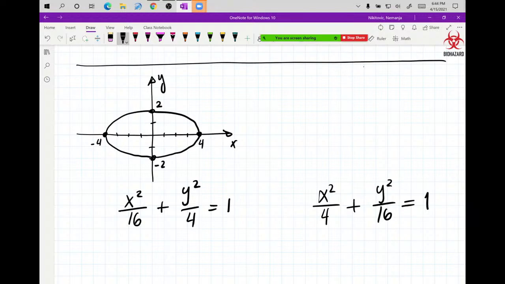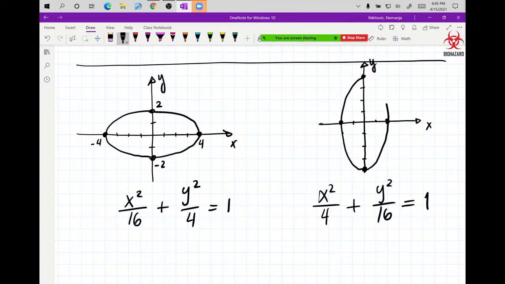The way I like to look at this is I draw the system and I say, aha, x is going 2 left and 2 right. You see that? 2 left and 2 right. And then y goes 4 up and 4 down. And I don't care which one is A, which one is B. You can just leave it any way you want. We just know that this is our answer. And that's the vertical.